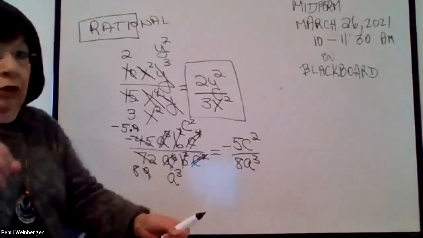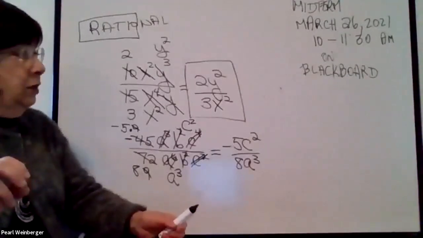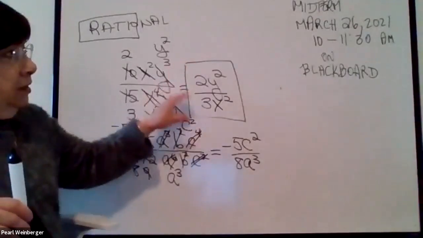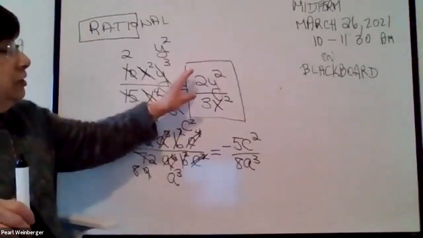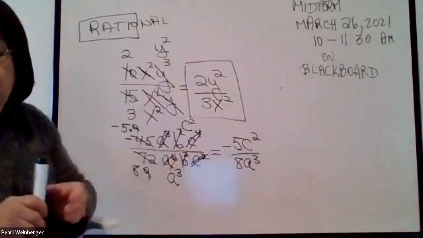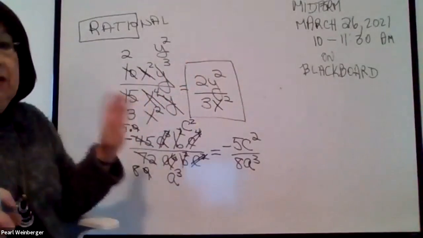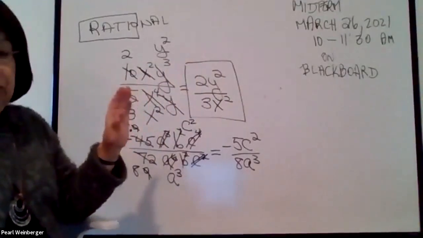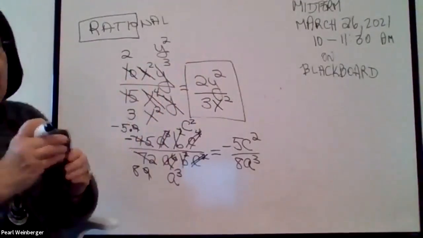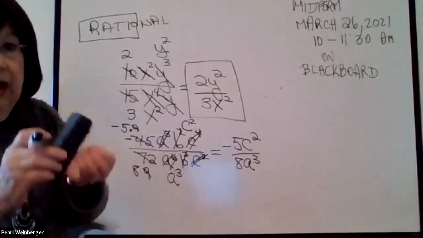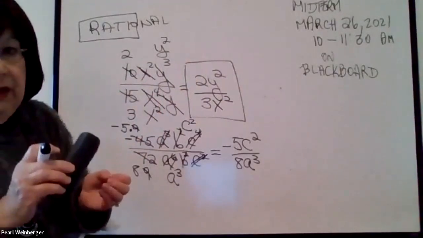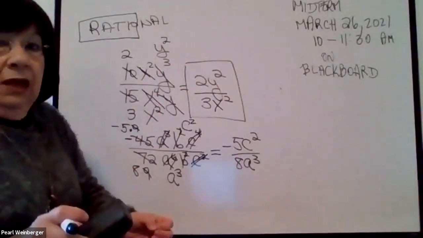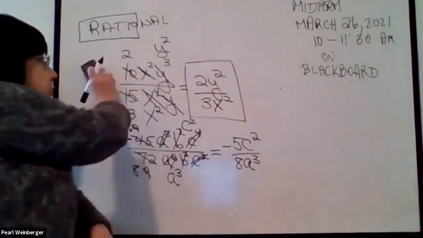Now, before I go to these rational expressions that are made up with polynomials, I want to go on to the next step in operations. Once you know how to reduce, it really is quite easy to multiply and divide these fractions.